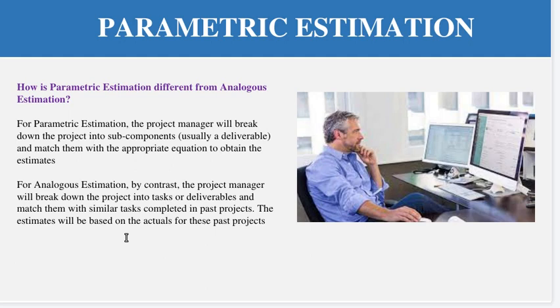So the difference between analogous and parametric: both are based on the availability of historical project data in terms of time and cost, but parametric estimation uses an equation to calculate the duration and cost, and analogous estimation doesn't use any formula, parameters, or equation to calculate the time and cost. So this is a very basic difference between parametric and analogous estimation.